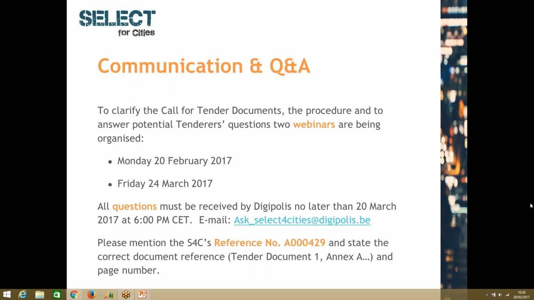Phase 1 is the shortest one, and there we have only a payment at the end of the phase. Phases 2 and 3 are longer, with more deliverables in between, and there we have interim evaluations that can be followed by interim payments, but it's clearly described in tender document 1.